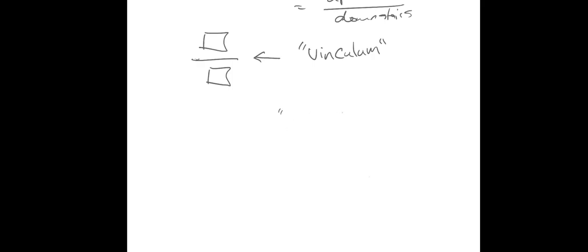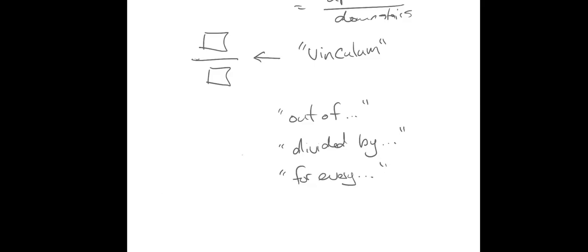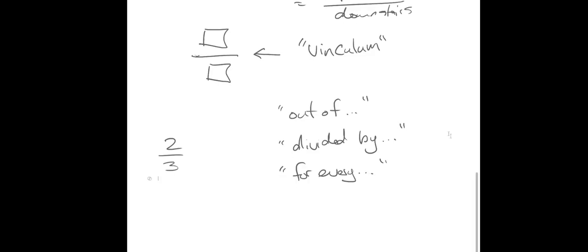So we can think of this as out of. We could think of this as divided by. For every. Okay, so 2 out of 3 would be 2 of these things for every 3. A bit like a ratio.